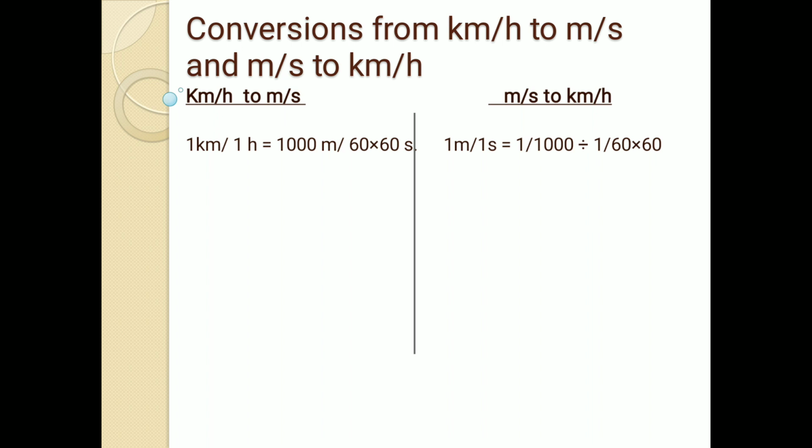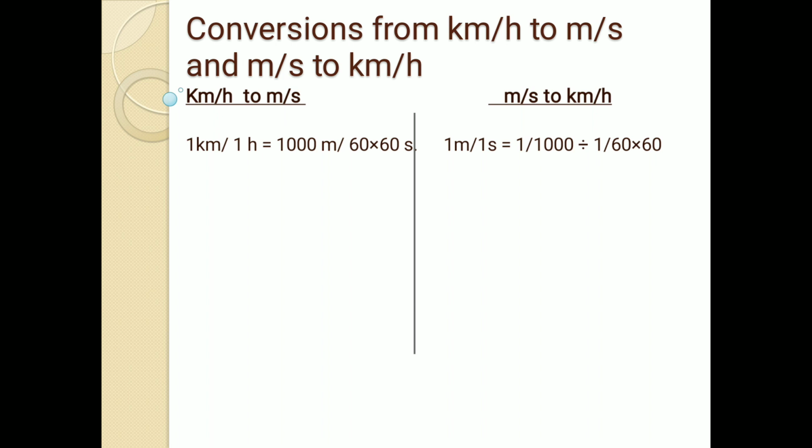Per means divided by 1 hour, right? So 1 hour we need to convert into seconds. On the left-hand side you see kilometer per hour to meter per second: 1 kilometer divided by 1 hour. 1 kilometer we can write as 1000 meters, and 1 hour we can convert into seconds.